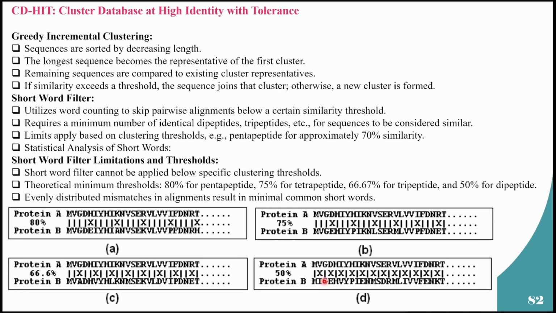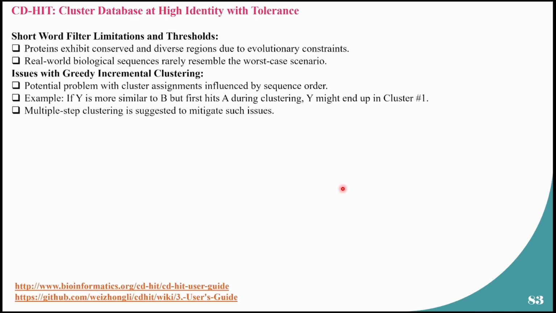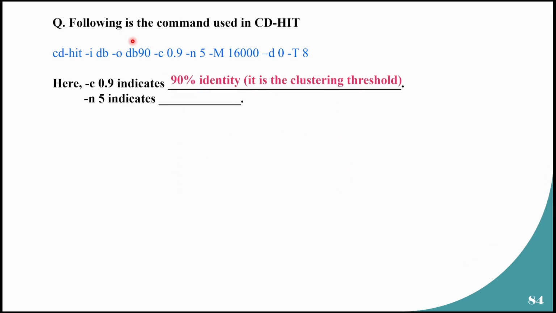In this case the word filter cannot work, because you cannot find a two-character stretch where it is matching between the sequences, right? So in the case of uniform distribution, it does not work. That is kind of the worst case. Based on that, certain thresholds have been devised for all of the word filters that you can use in CD Hit, right? So that was one thing. Since this was also a tool that Professor Tumia explicitly discussed, just remember these terms.